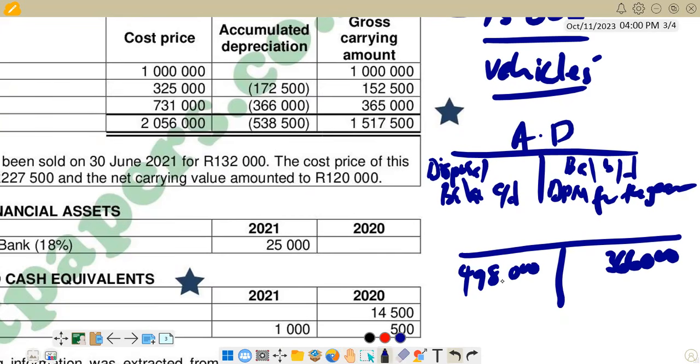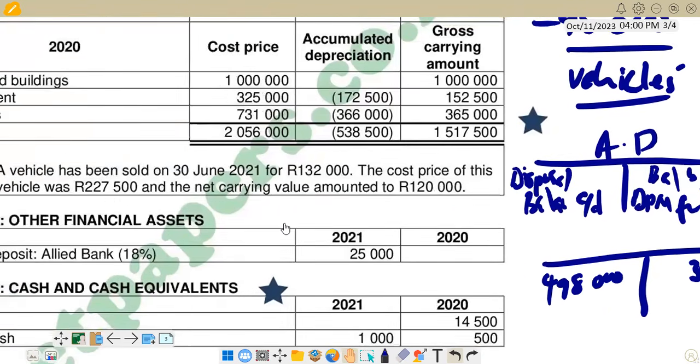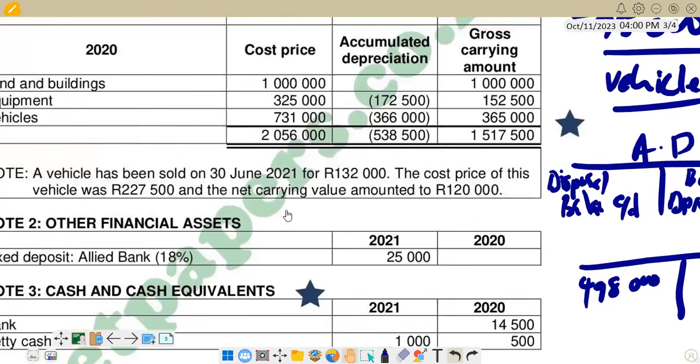And then the accumulated depreciation of the non-current asset that was disposed, you can find it from the information that we are having here. Remember, we've got information telling us that a vehicle has been sold on 30 June 2021 for 132,000. The cost price of this vehicle was 227,500, and the net carrying amount was 120,000.